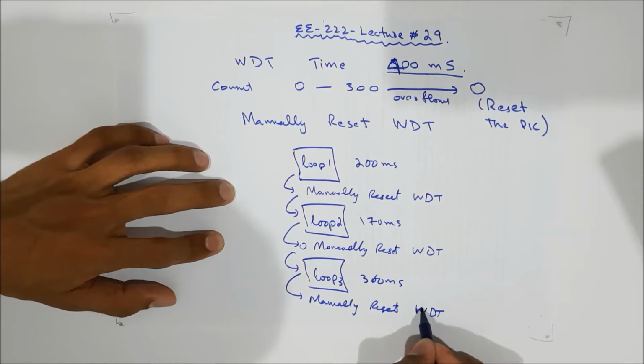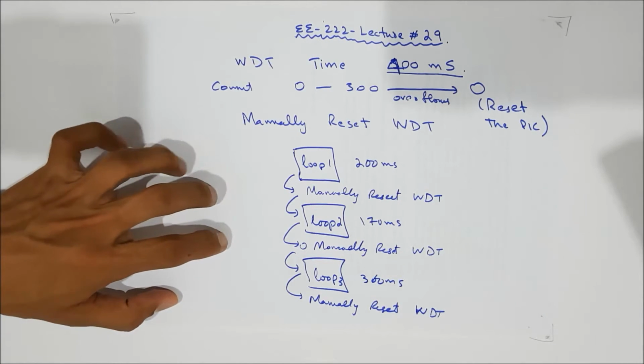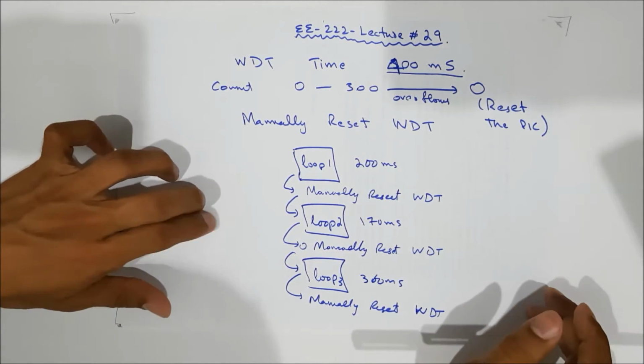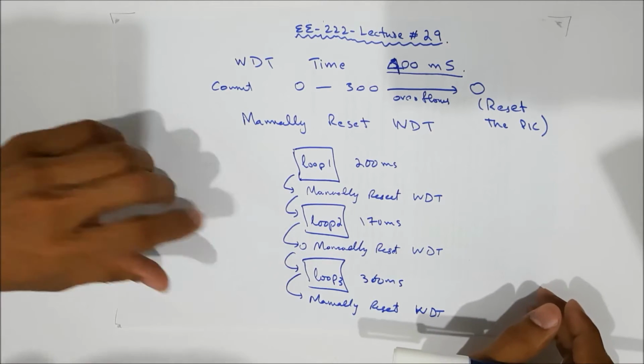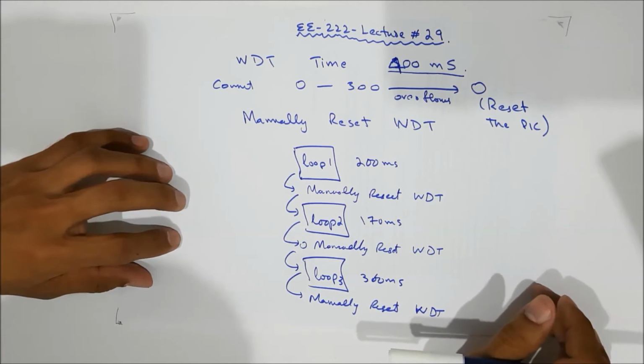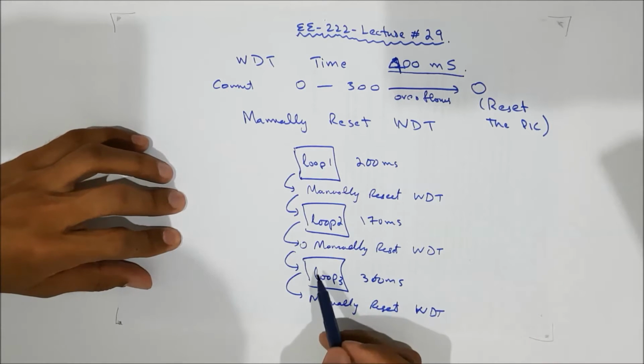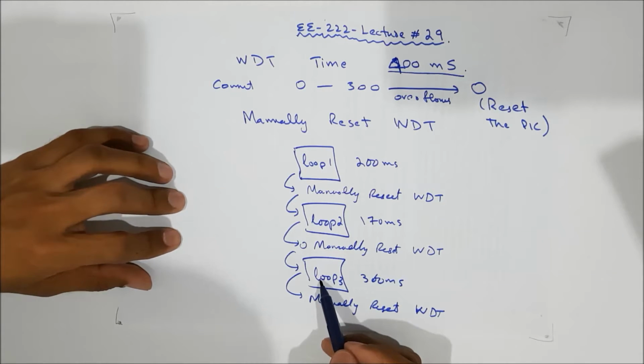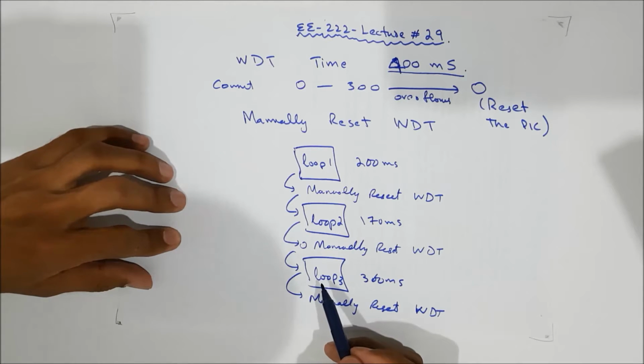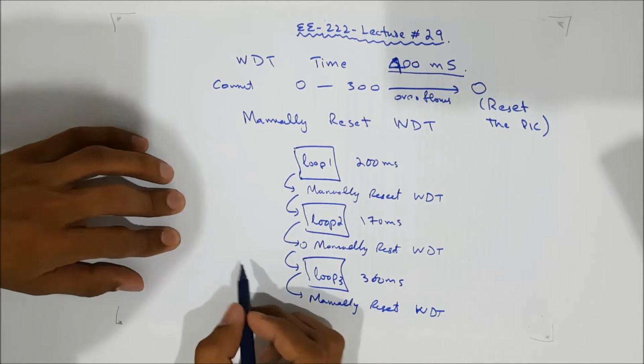But what if there is some mistake in your program, or this loop is dependent upon an input. For example, this is a delay loop, and this delay loop is dependent upon an input that we are taking from a port.